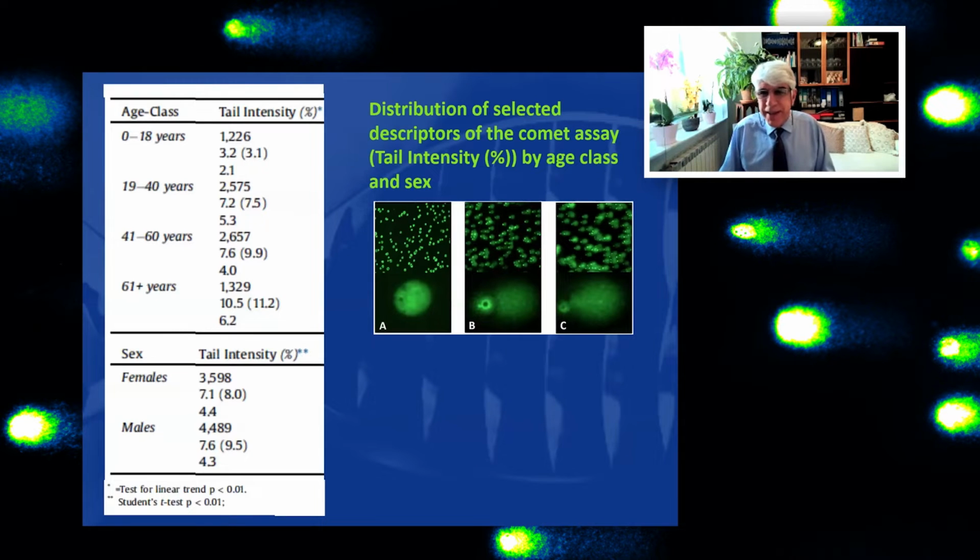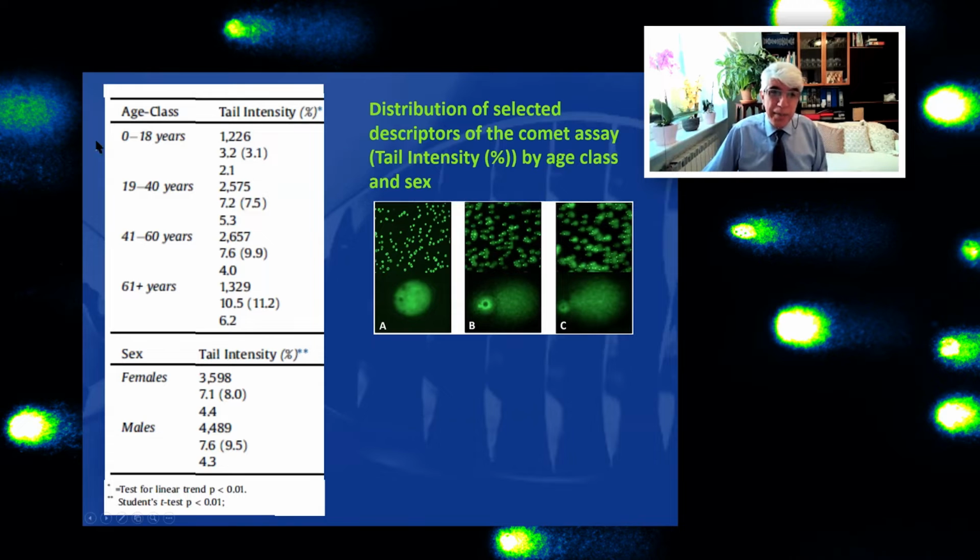Actually, measuring the effect of age was not so simple because of the variability. However, it was quite interesting to find an increasing significant trend for tail intensity, which was not a perfect trend like telomere shortening, but was quite clear.